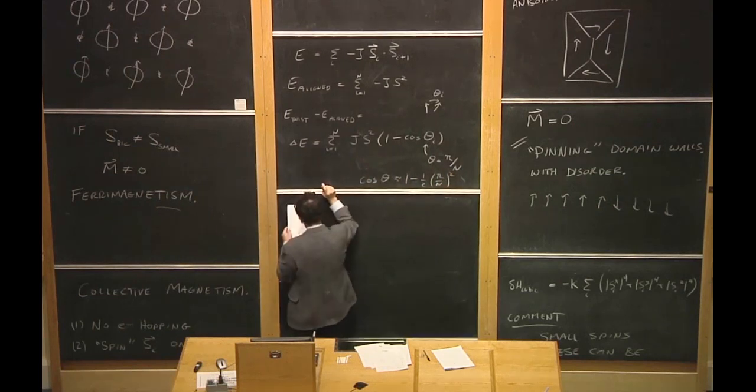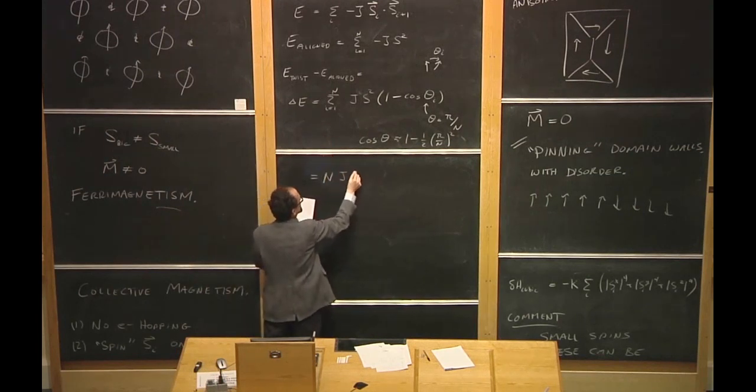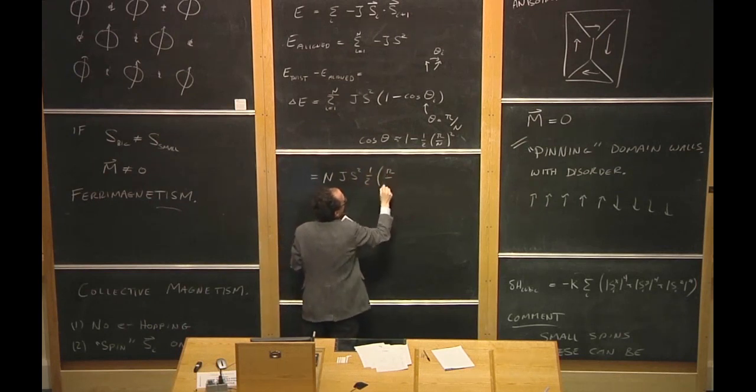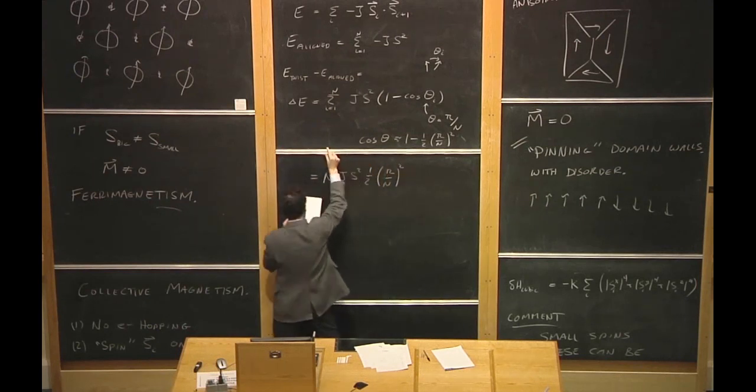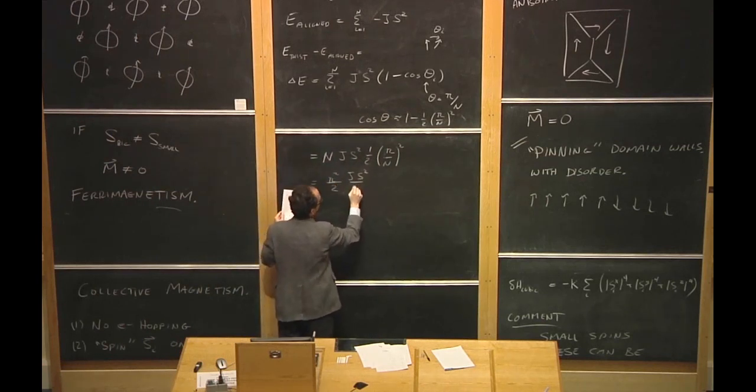If I plug that in, I'll get a total of n spins I'm summing over, each with J S squared and 1/2 (pi over n) squared. Multiply that out, I then get pi squared over 2 times J S squared over n.